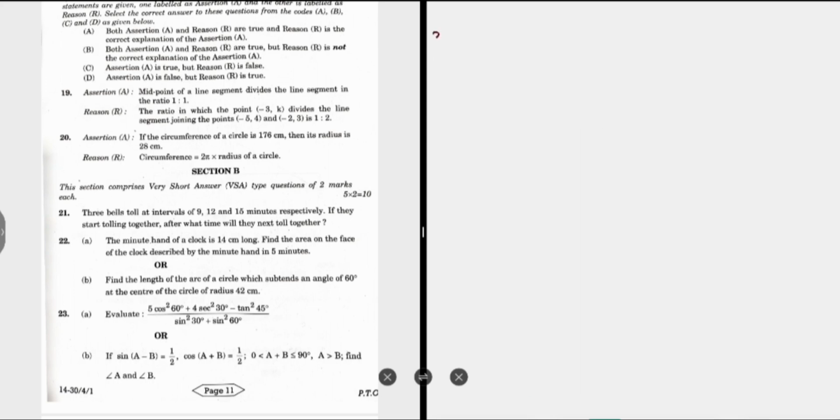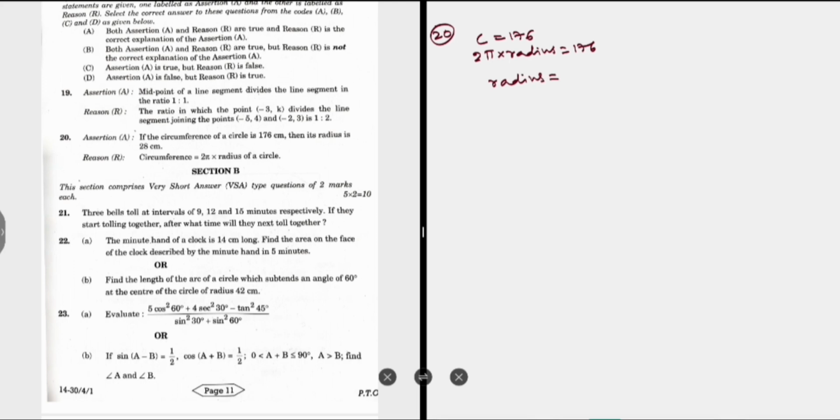Now question number 20. Assertion and reasoning. Here it is given circumference of the circle C is equal to 176. Circumference of the circle is 2 pi into radius is equal to 176. We want radius.